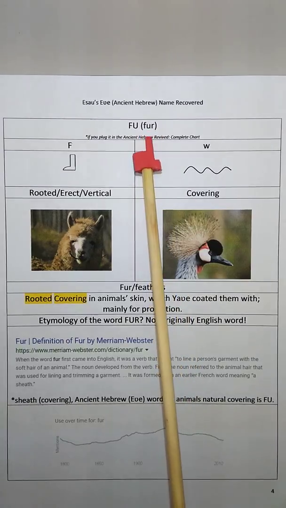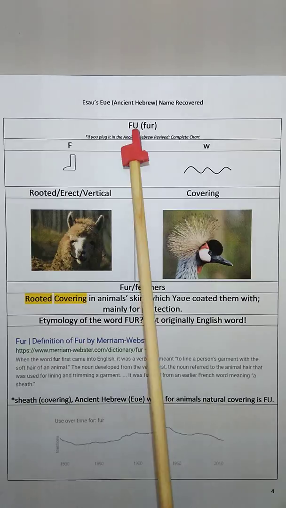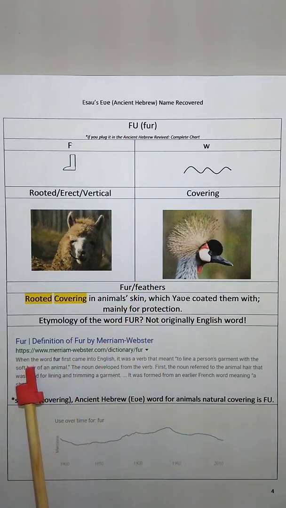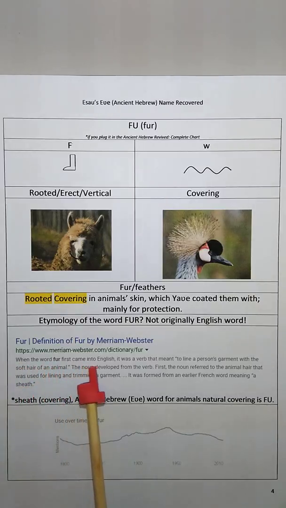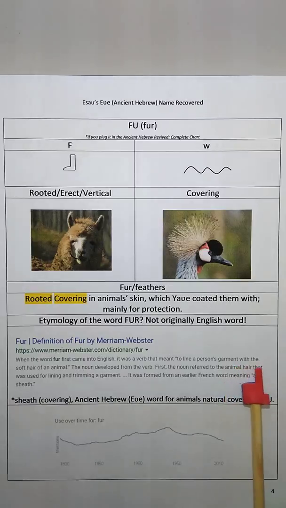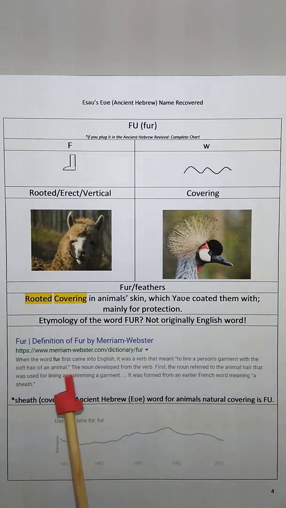So the word fur, or Fu in ancient Hebrew. According to online sources about the word fur, I read: when the word fur first came into English, it was a verb that meant to line a person's garment with the soft hair of an animal.